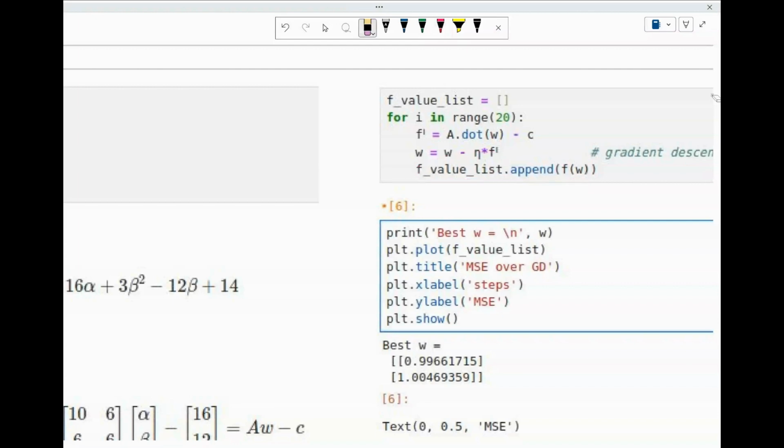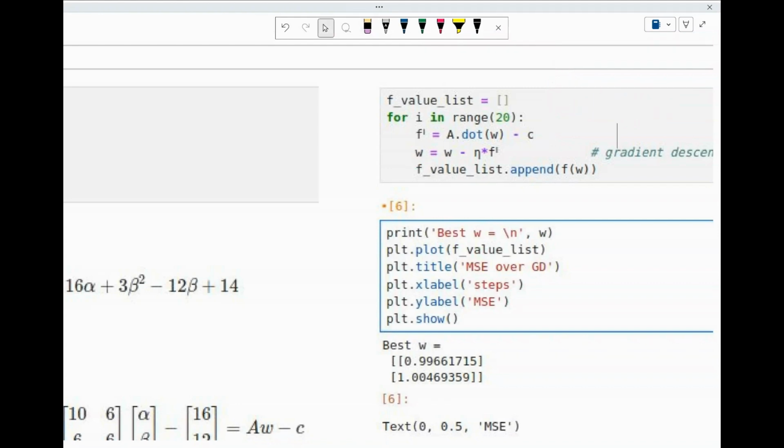So what I'm doing is I want to see that as I run gradient descent, what's happening to the function? Is the function getting bigger and bigger with the new W, or is it getting smaller? Ideally, we want the function to go down, because we're trying to find the W that makes the function as low as possible. So as you increase gradient descent steps, you should get lower and lower values.